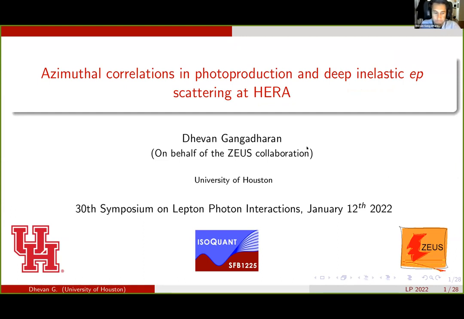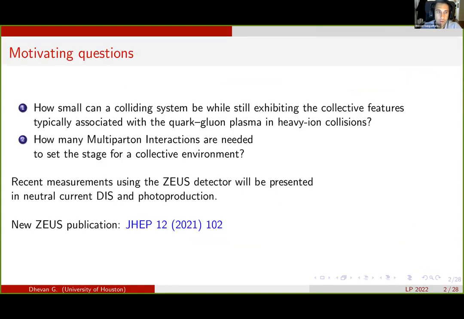Okay. All right. So I'll be talking about azimuthal correlations in photo production and deep inelastic scattering at HERA with the ZEUS detector. So there are two motivating questions for this analysis. The first one is, how small can a colliding system be while still exhibiting the collective features typically associated with this so-called quark-gluon plasma that we observe in heavy ion collisions?